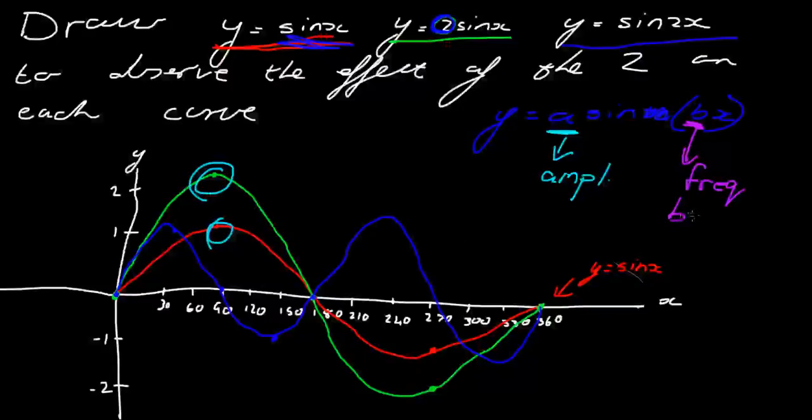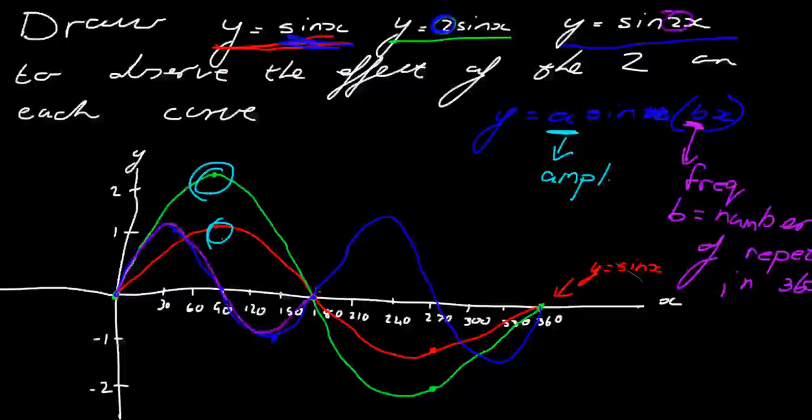So b equals the number of repetitions in 360 degrees. So you see here we had sine 2x, so the graph repeated twice in 360 degrees.